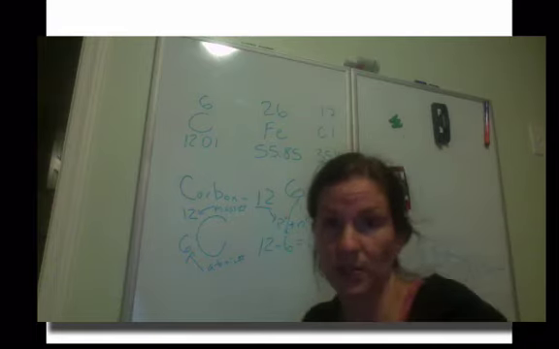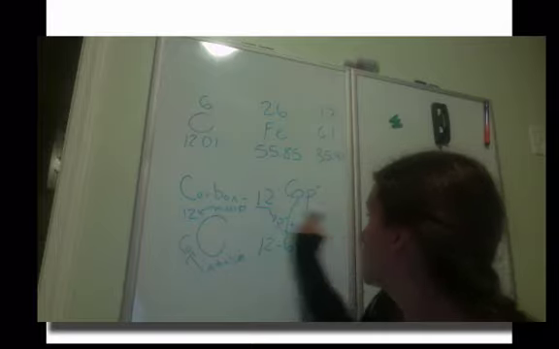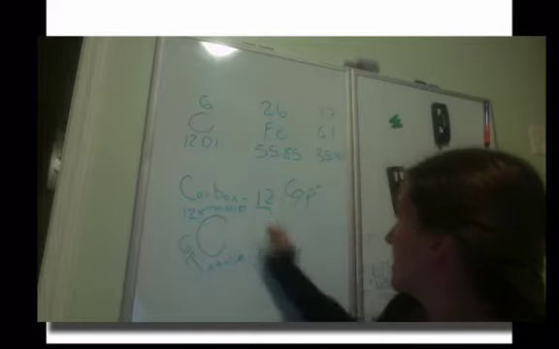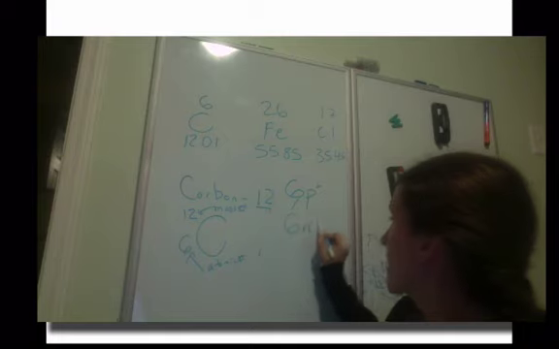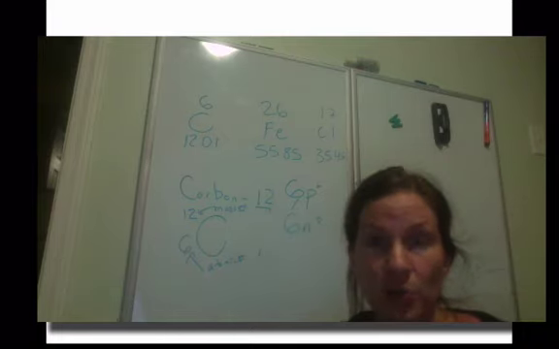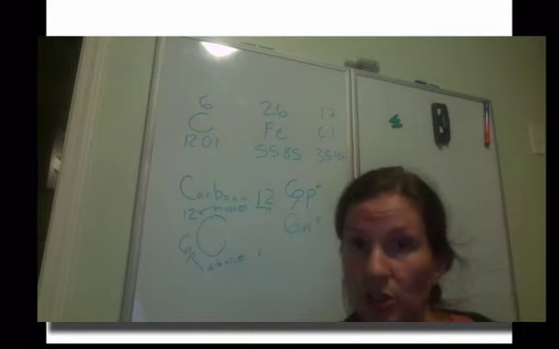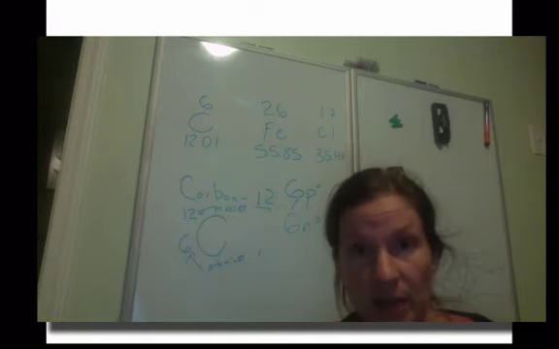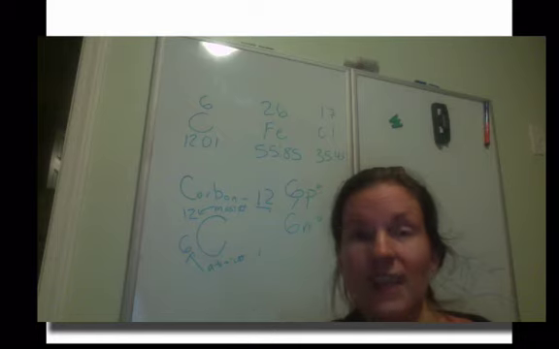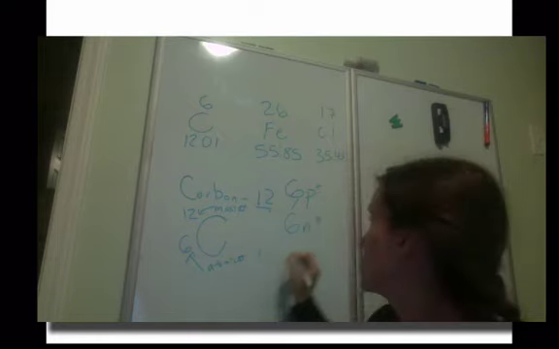So this particular atom, carbon-12, has 6 protons, it has 6 neutrons, and if it's neutral, so no charge, how many electrons will it have? It'll have the same number of electrons as it has protons to make it electrically neutral.